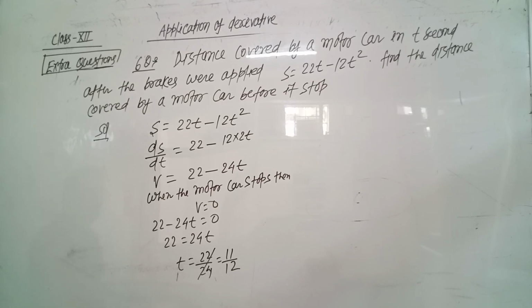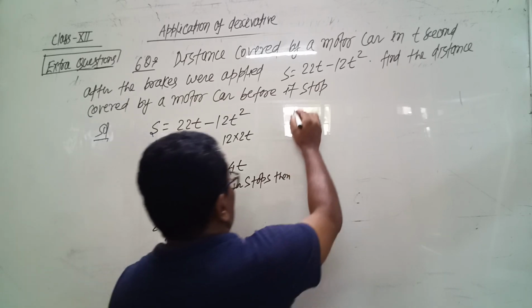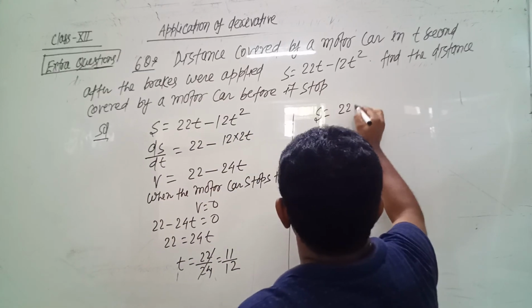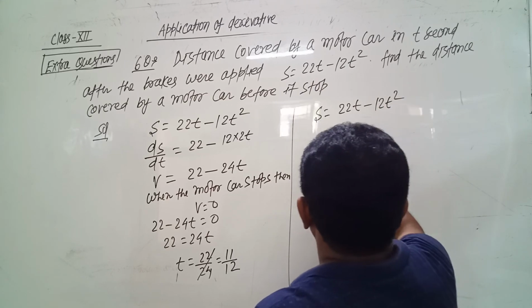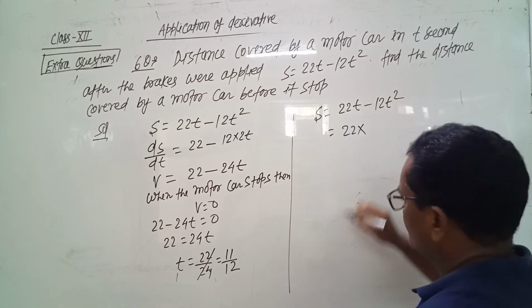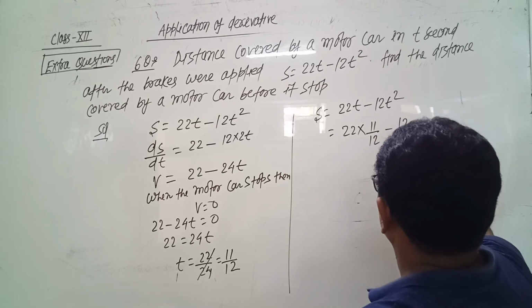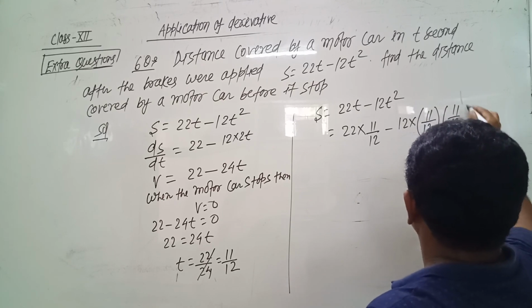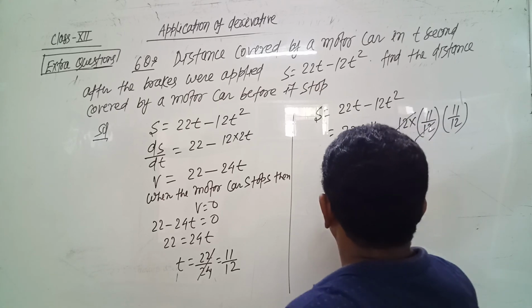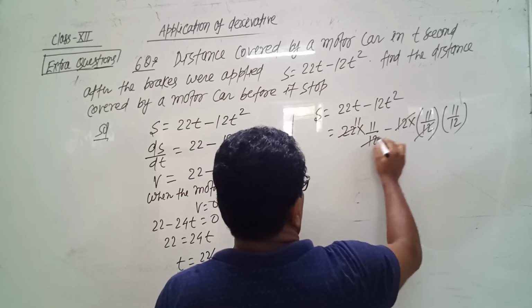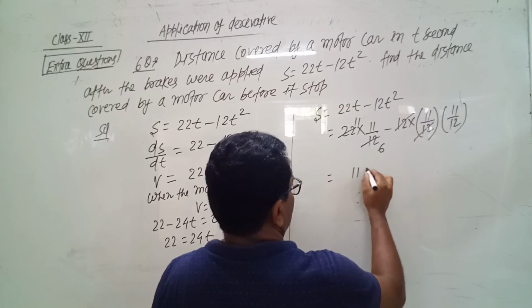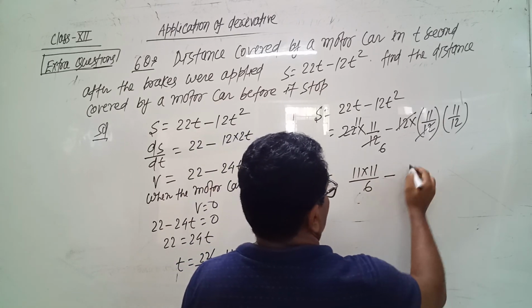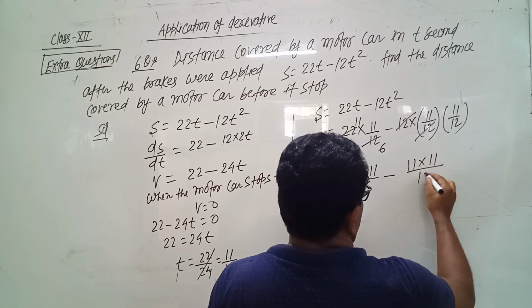Now put the value of t in the given expression. So S equals 22t minus 12t square, and 22 into the value of t, 11 by 12, minus 12 into 11 by 12 into 11 by 12. 12 cancels and we get 11 into 11 by 6 minus 11 into 11 by 12.